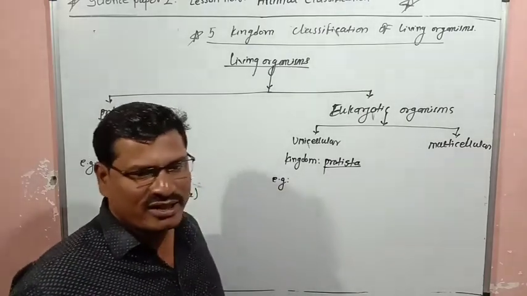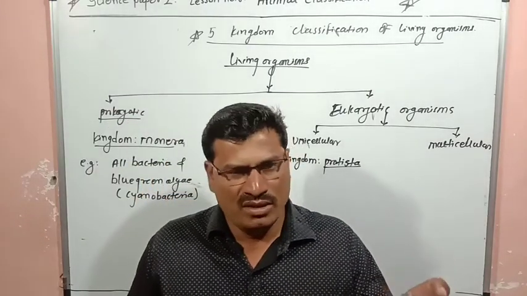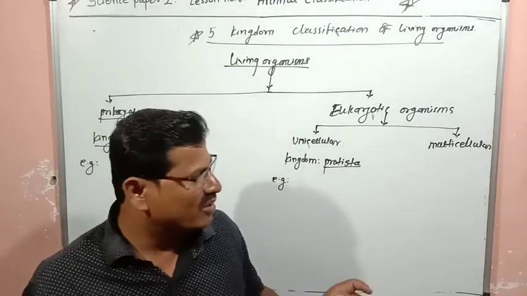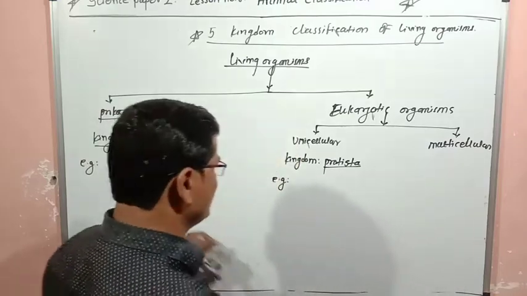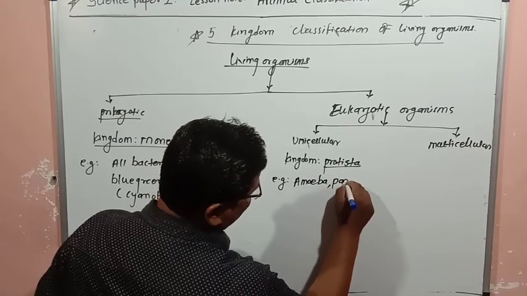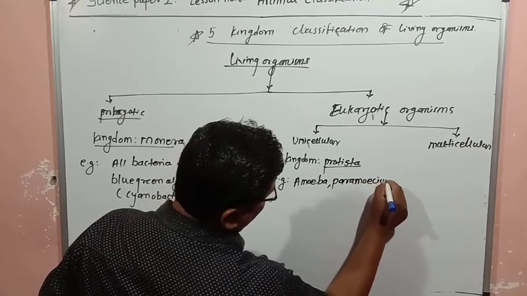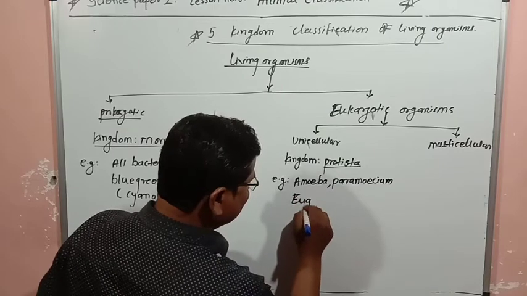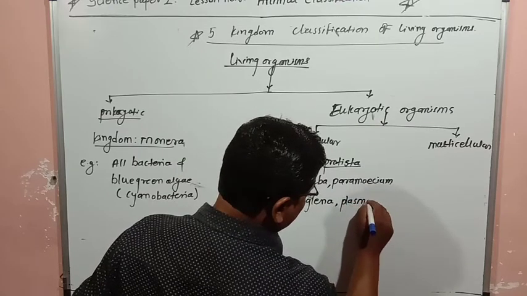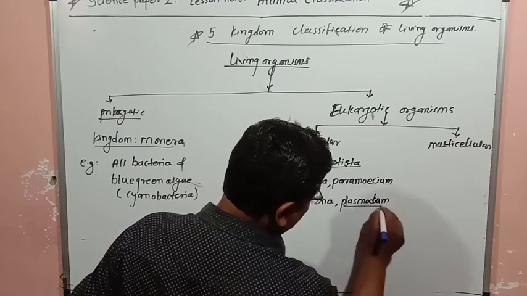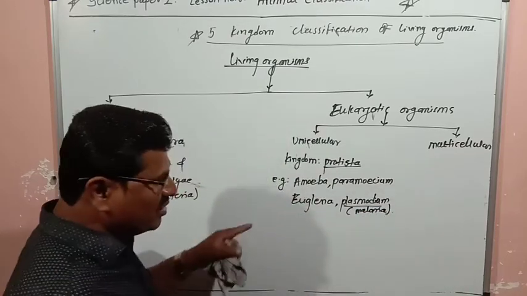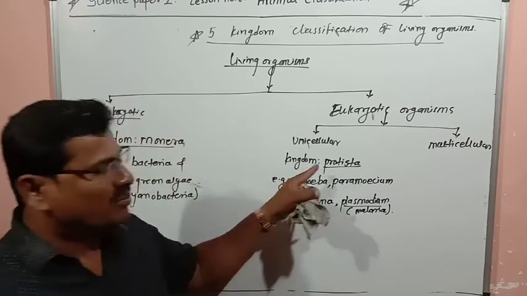For example, amoeba, paramecium, euglena, and plasmodium. Plasmodium is causing malaria. These are coming into the Protista.